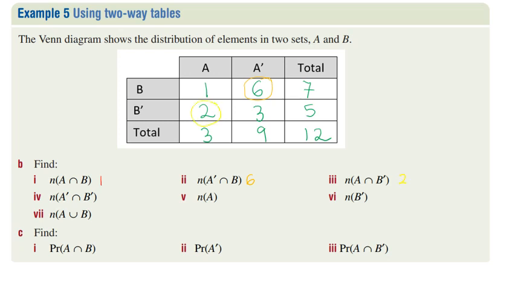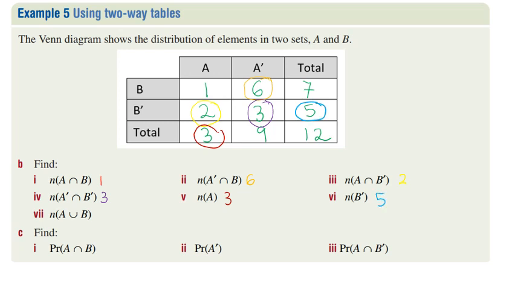Then we've got not A and not B, which is 3. Next we've got A, so that's the A total, which is here, 3. And then we've got not B total, so the not B total is here, 5.